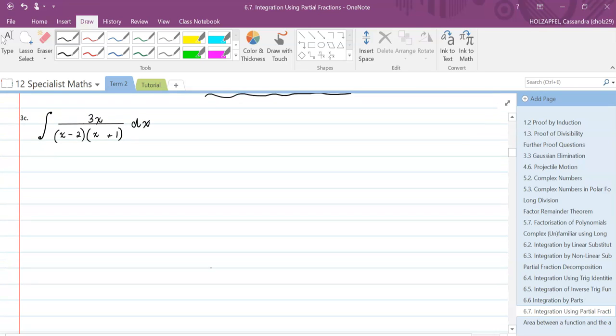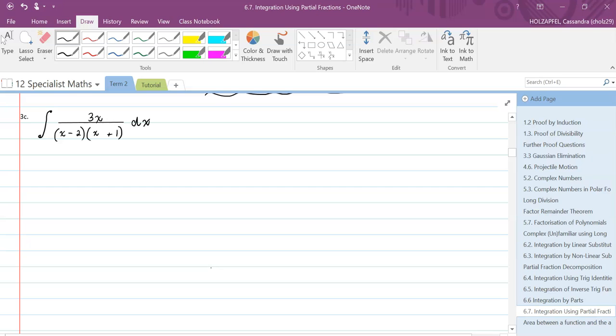Let's jump in. Let's do one more of these simple familiar type examples for partial fraction decomp. So again, I'm going to say a over one of my factors, so a over x minus 2, plus b over my other factor, x plus 1.